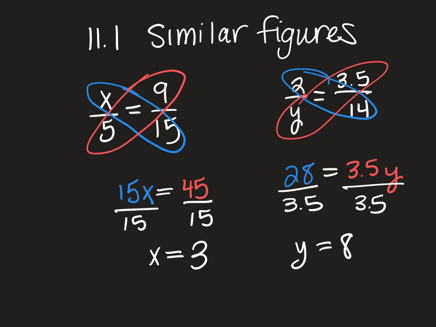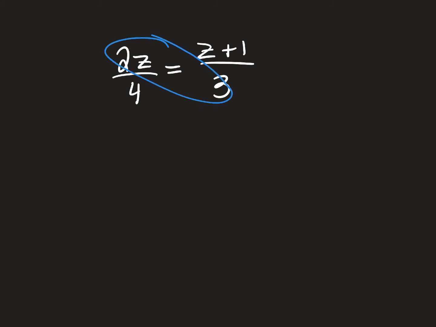And even some that are a little bit more complicated and have a couple variables in them. So let's look at one of those. Let's say we have 2z over 4 is equal to z plus 1 over 3. Again, we're going to be multiplying this way and that way. So 2z times 3, we multiply the 2 and 3 and get 6z.